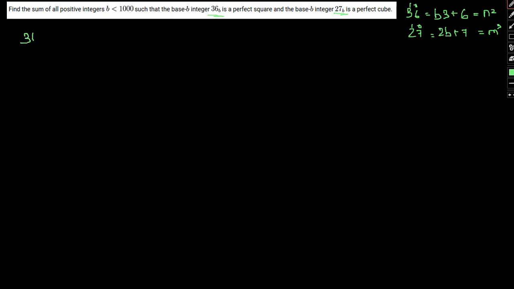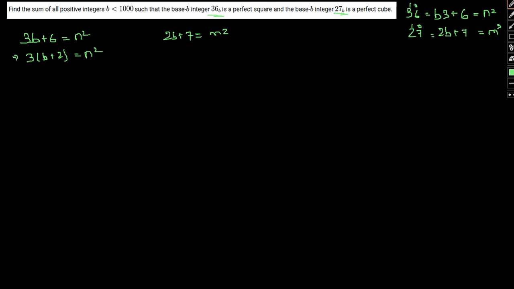So let's take both equations now: 3b plus 6 equals n squared, and 2b plus 7 equals m cubed. Dividing the first by 3, b plus 2 equals n squared by 3, and the second remains the same.